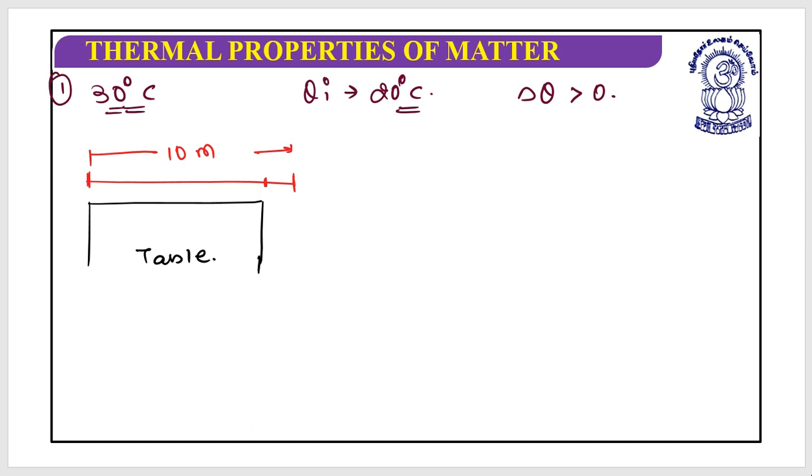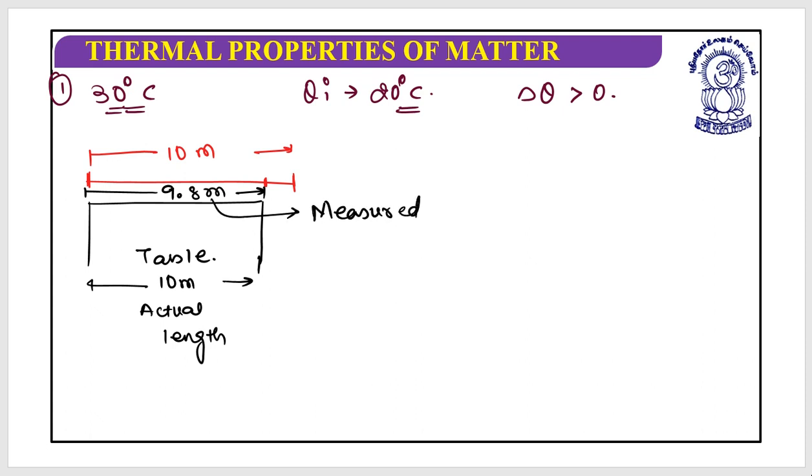So this could be 9.8 meter. In actual this is 10 meter. This is the actual length, and this 9.8 meter is the measured length. I hope this is clear.